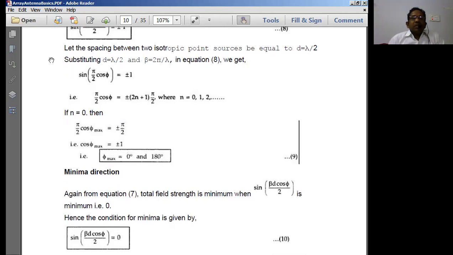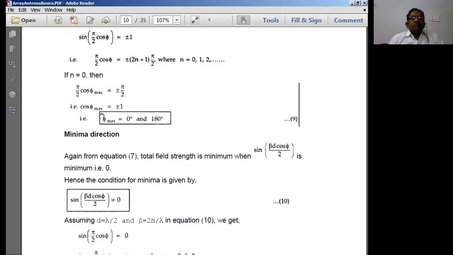For this particular thing, we normally replace this 1 by n number of coefficients, something like this. So if n is equal to 0, we'll be writing this as pi by 2 cos phi maximum value is equal to plus minus pi by 2. So pi by 2 will get cancelled. So I'll be having here cos phi max is equal to plus minus 1. So the maximum radiation I'll be getting along 0 degrees and 180 degrees.